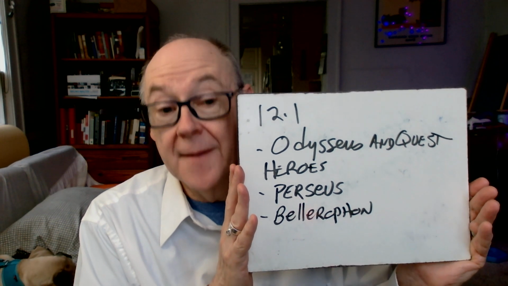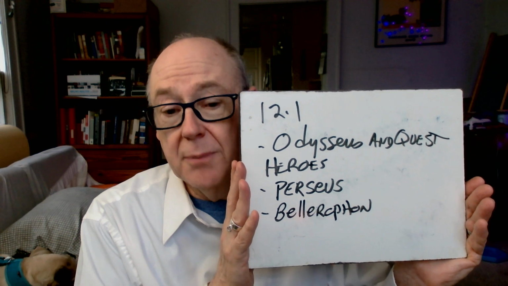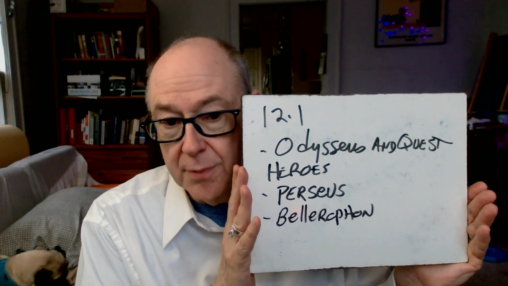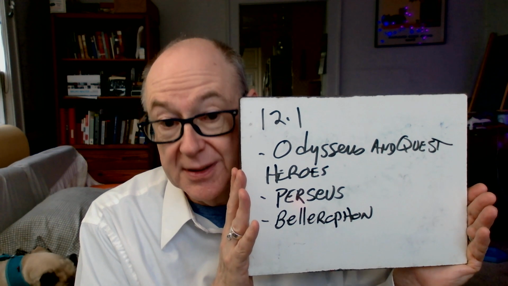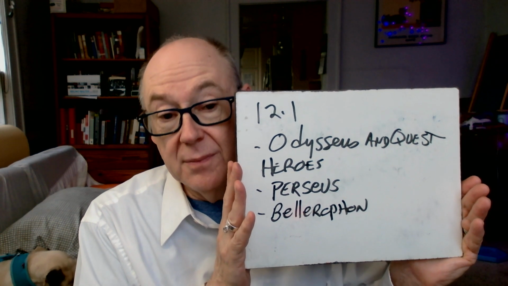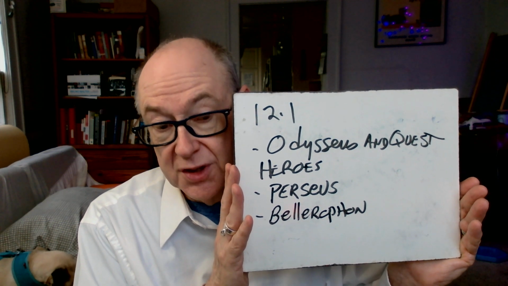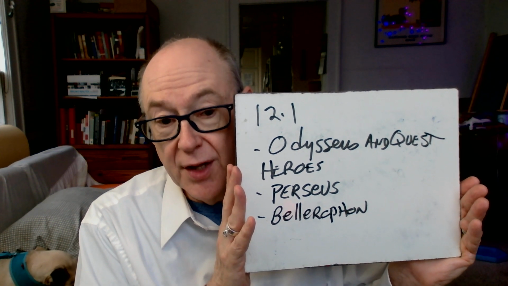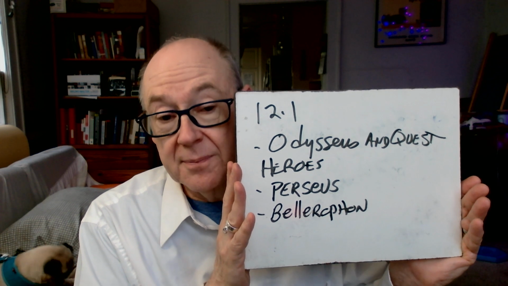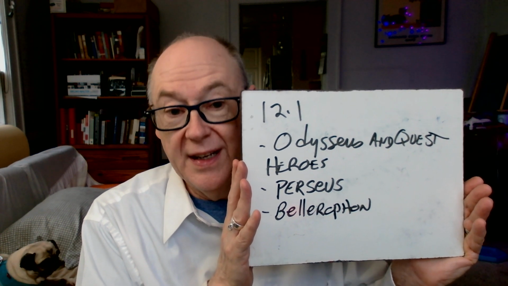Pegasus, by the way, in film versions gets lumped with Perseus, but Pegasus is not part of Perseus' story, except that when he chopped off the head of Medusa, Pegasus was born. So Medusa is the mother of Pegasus. She had sex with Poseidon, which is in one of the versions.